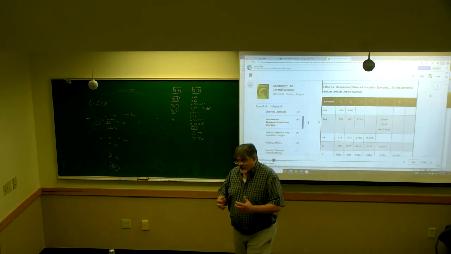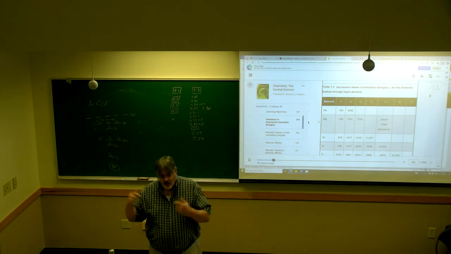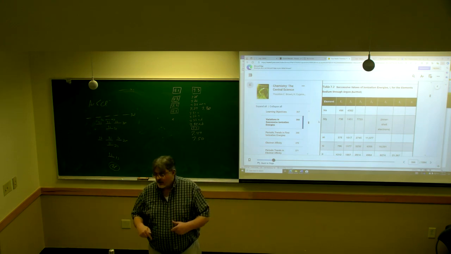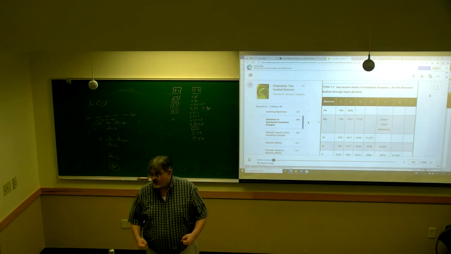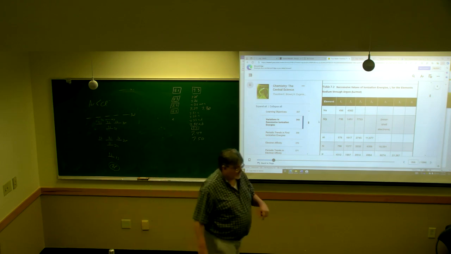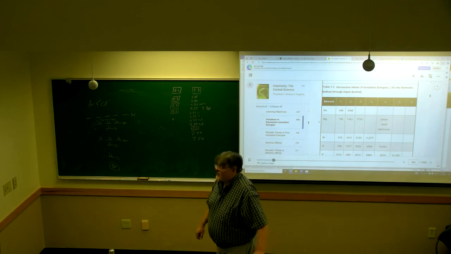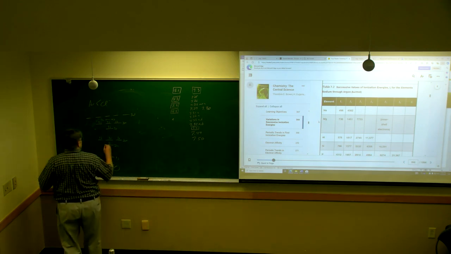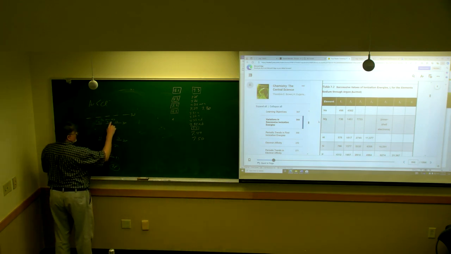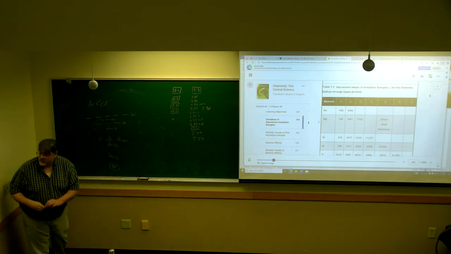The easier it is to pull the first electron off of something, the lower amount of energy it takes. And then if you want to take the next electron off, it generally takes more energy. So let me, I guess I'll draw sodium again. 3s.